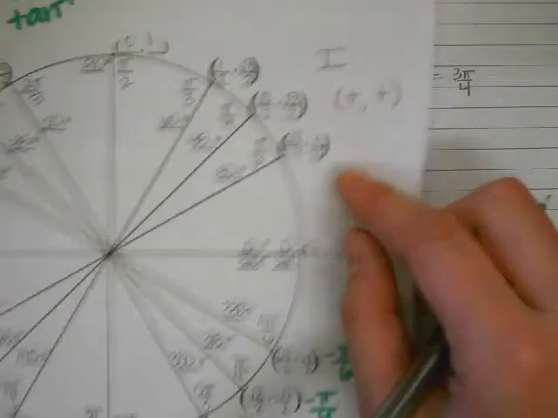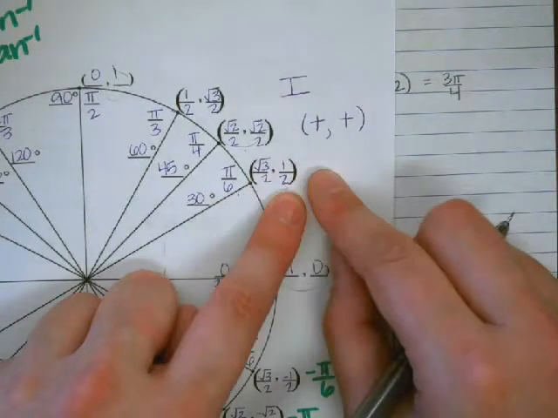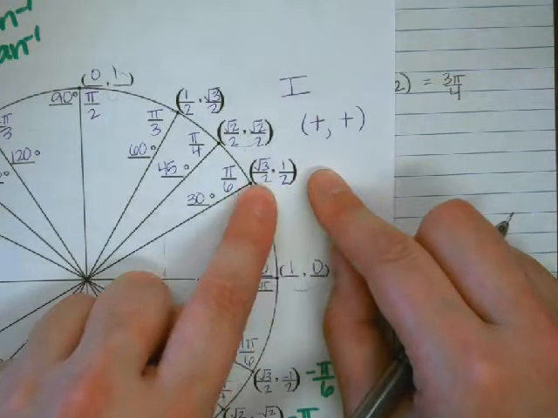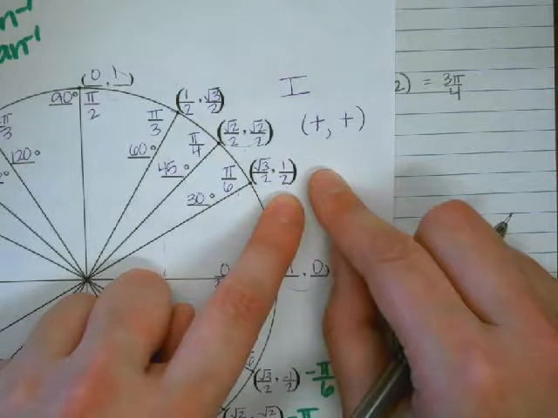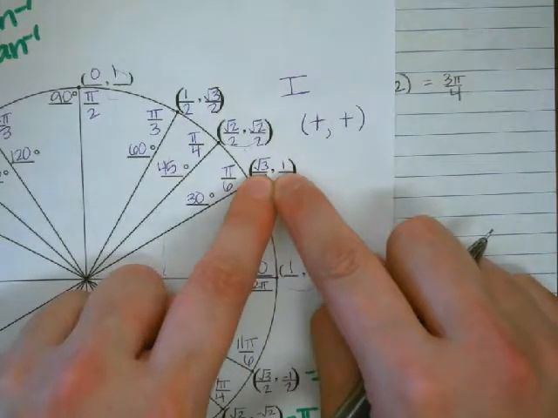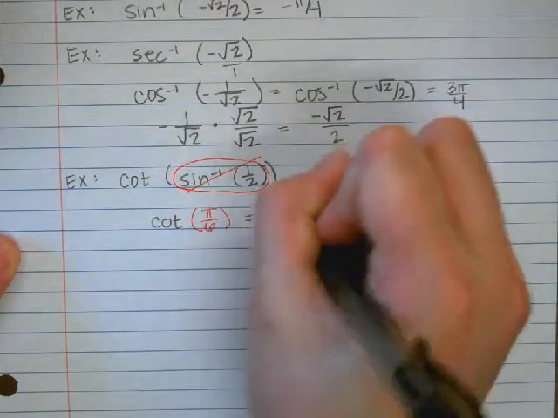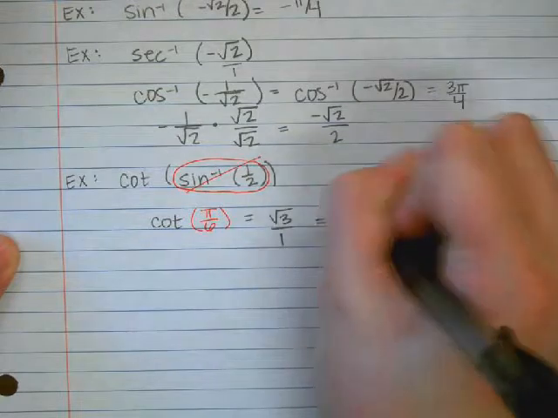And cotangent of pi over 6 is going to be the x-coordinate divided by the y-coordinate. So I have root 3 over 2 divided by 1/2. I know that those 2's are going to cancel out. So I have root 3 divided by 1, which is just square root of 3.